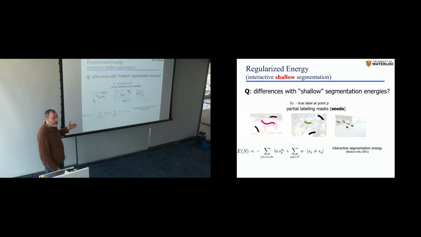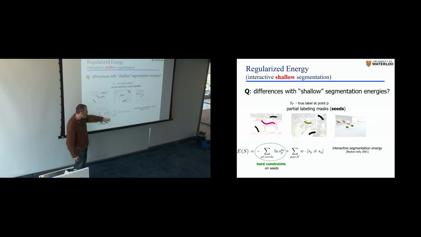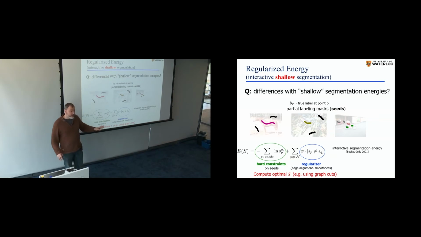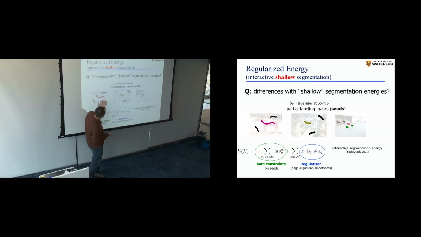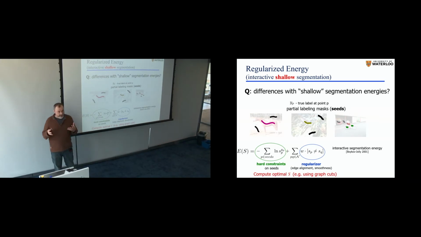What I'm pointing out is exactly the same thing, except in the context of deep learning. First of all, I want to mention that people use this type of energies even in the following way for weak supervision. You can take your weak supervision masks, like those partial inputs, those seeds, and generate a full mask from this just using the shallow optimizer. Then you can use the output of the graph cut as a fake ground truth.